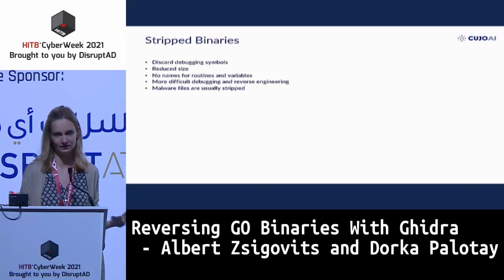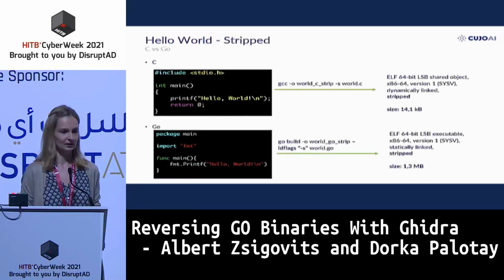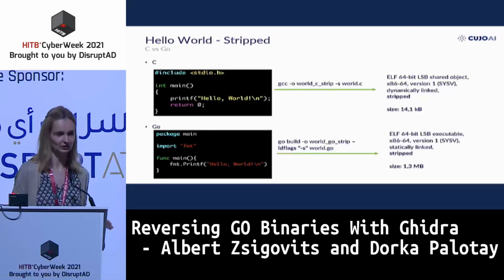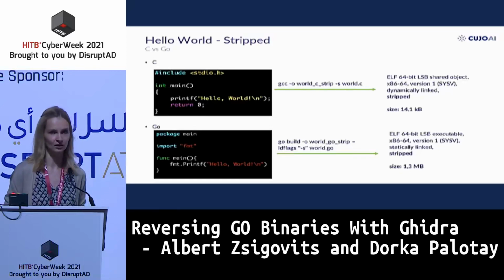When you cannot read what a function is doing exactly, that makes our work more difficult. If you take a look at the same examples, but here we stripped the binaries, in the case of Go with the ldflags -s parameter, it's reduced from 2 megabytes to 1.3, which is still large.